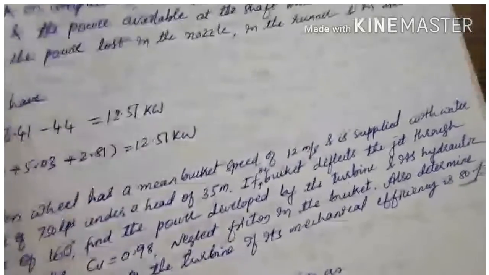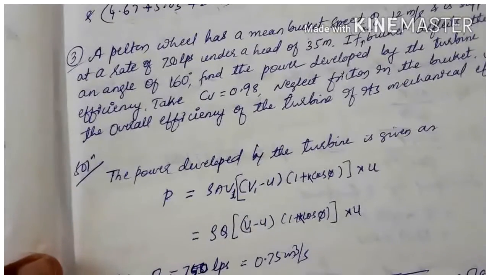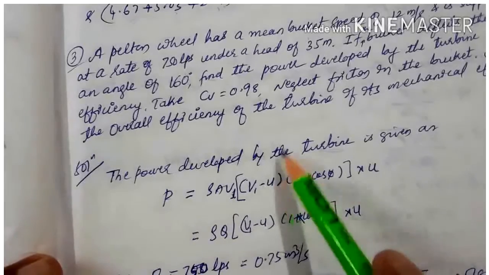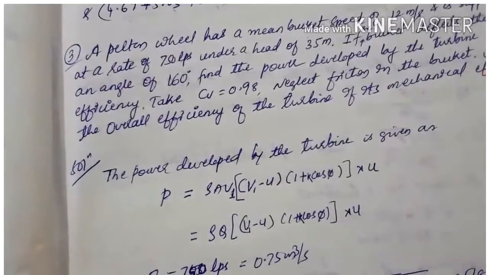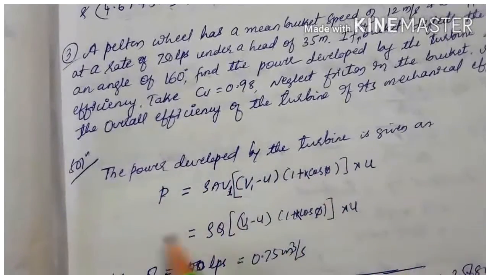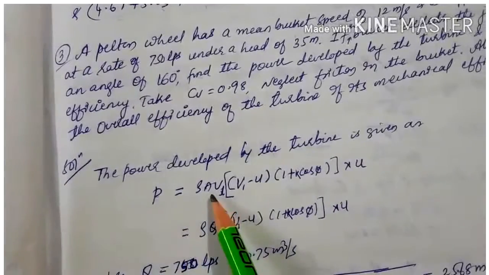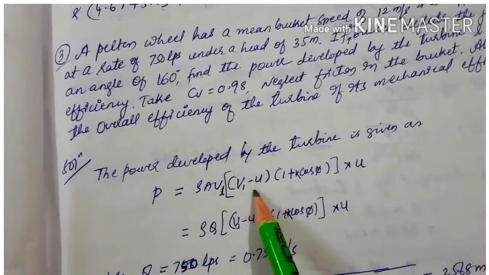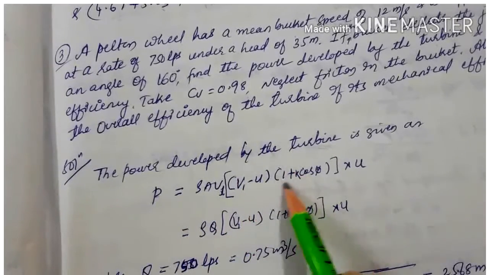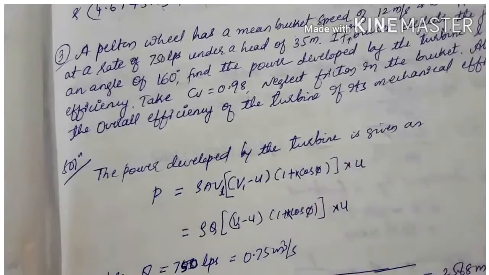Okay. So in this problem, they are asking you to calculate the power developed by the turbine and its hydraulic efficiency. Calculate first the power developed by the turbine. We know the formula, that is the runner power formula, rho a v1 into bracket v1 minus u into bracket 1 plus k cos phi into u.